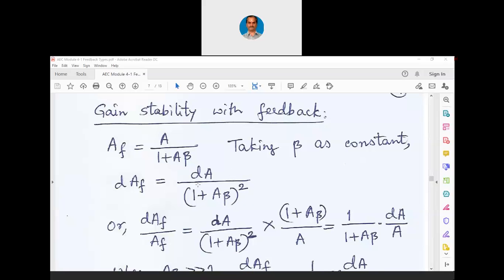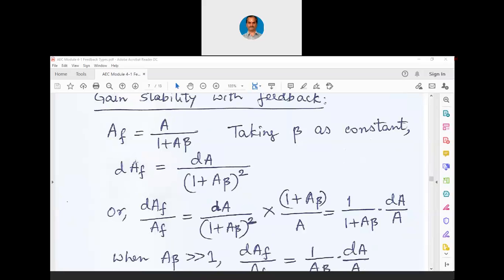So that way dAF is equal to dA divided by 1 plus A beta whole squared, or dAF divided by AF is dA divided by 1 plus A beta whole squared into 1 plus A beta divided by A. So we are differentiating with respect to AF here. So it's dA by 1 plus A beta whole squared into 1 plus A beta divided by A, that is 1 by 1 plus A beta into dA by A.